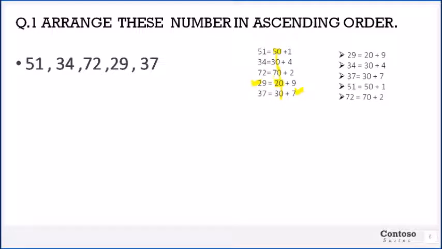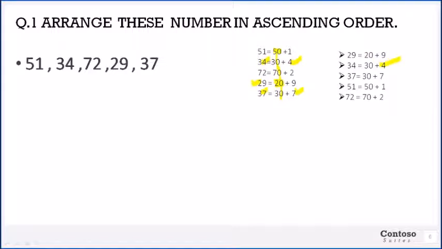Then after this there are two numbers, that is 34 and 37. Those are having 30 and 30 in each of them. So in this case what we have to do? We have to go to the next place, that is the ones place, that among these two this number has 4 and this number has 7. So among 4 and 7 we know 4 is the smaller one and 7 is the larger one. So the next number will be 34.